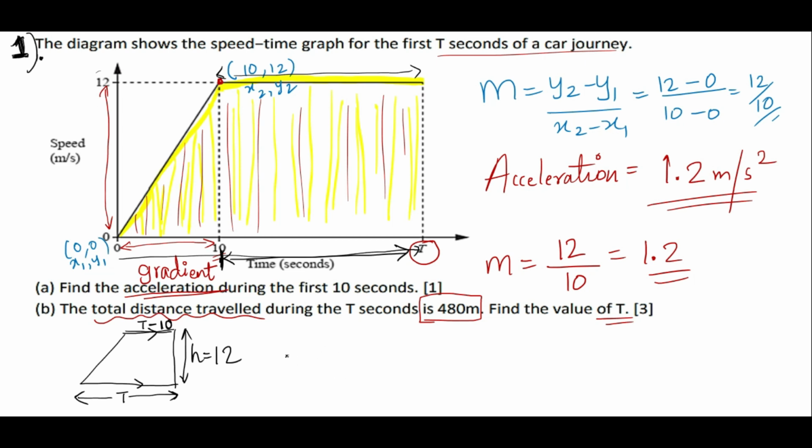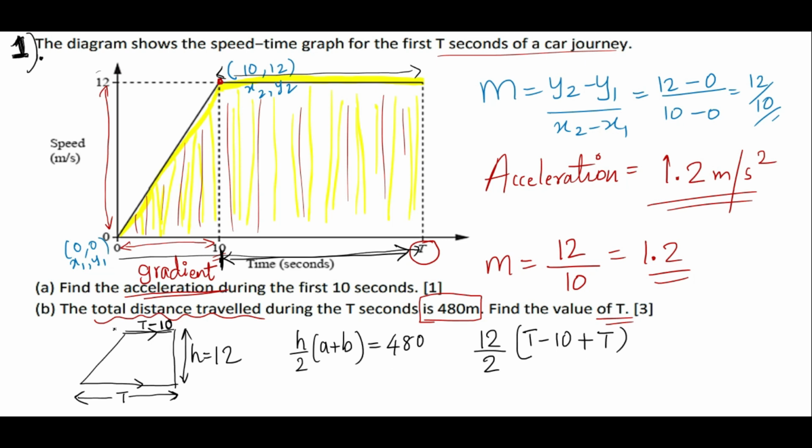So the area of a trapezium is h over 2 times a plus b, which is equal to 480, the total distance traveled. Now substituting the values, 12 over 2 times your a, which is t minus 10, plus you have a t here.